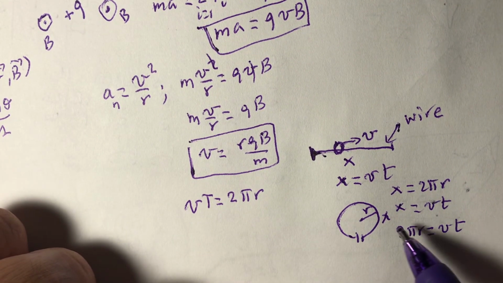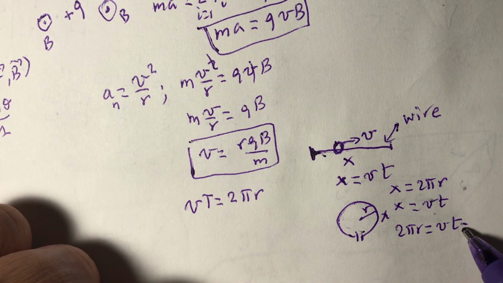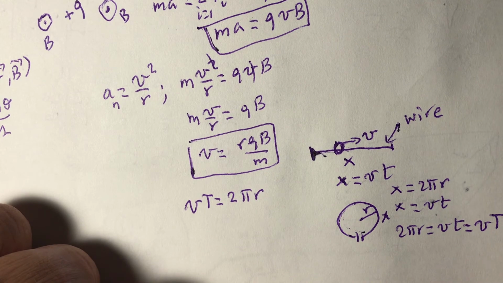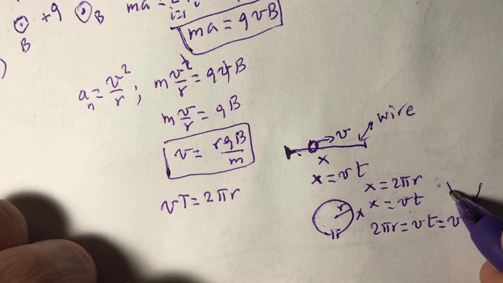This t here is the time to make one cycle, so we call it the period. So this t is the period.